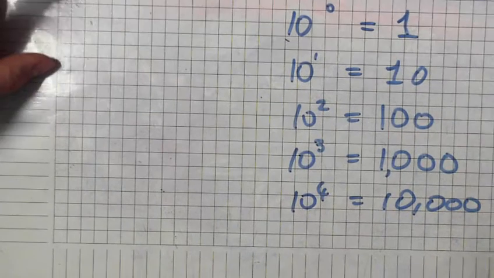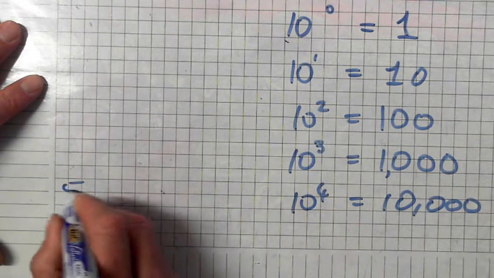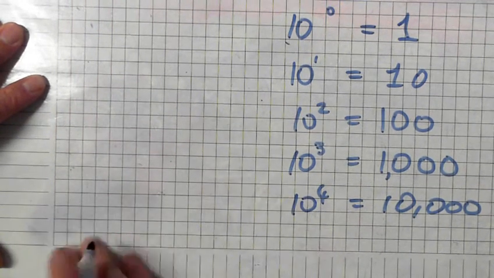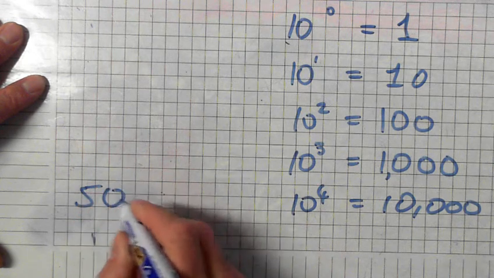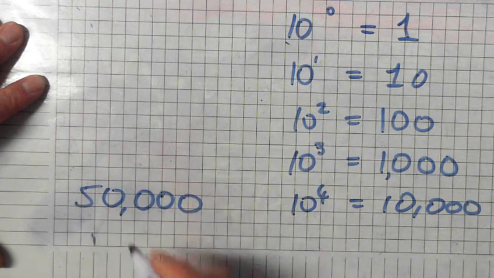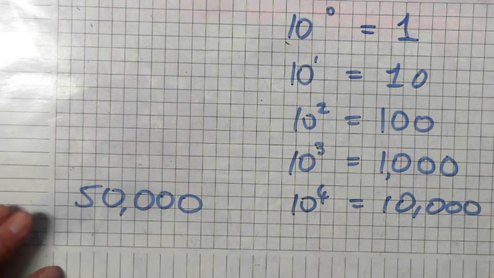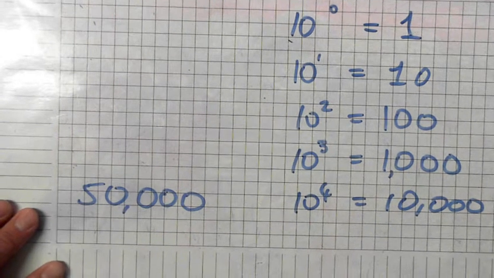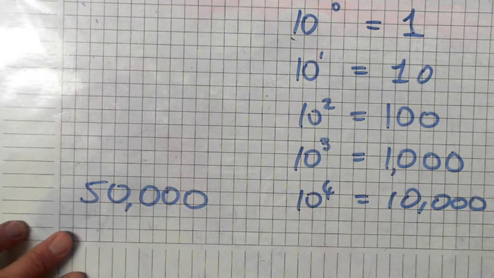So that's 10,000. How can I write 50,000? How can I break it up? Something multiplied by something. 5 times 10,000 is 50,000, isn't it?